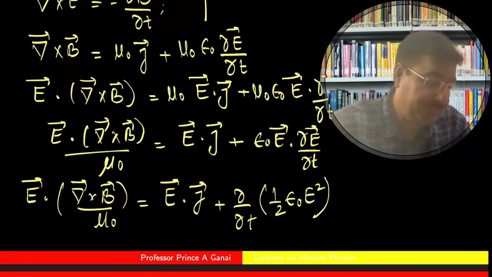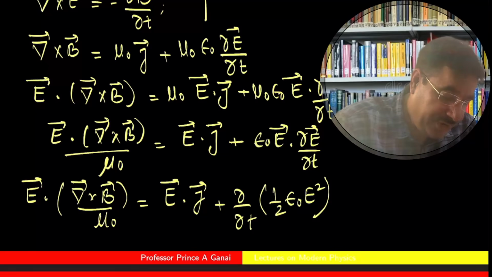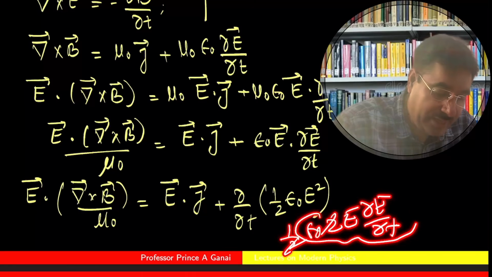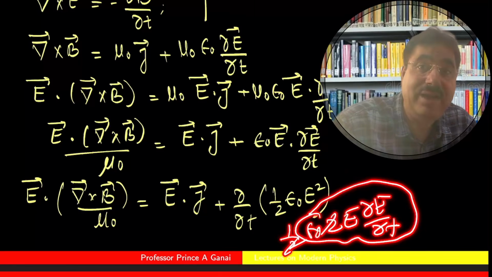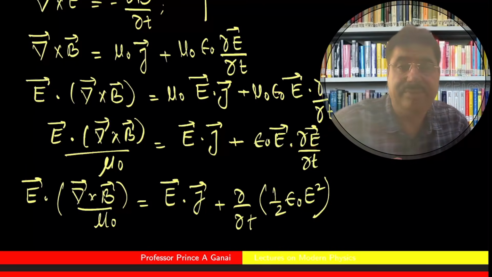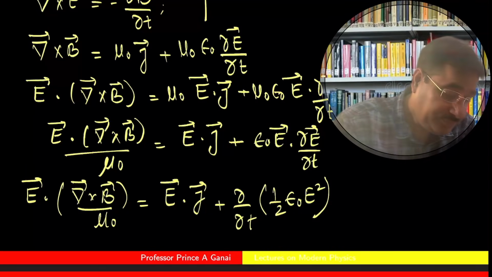Now look here, this is very interesting. If I differentiate this, what do I get? I get 1 by 2 as it is, epsilon naught, 2 times E del E by del T. This 2 and 2 will cancel, so I get epsilon naught E del E by del T. That's this term, because E dot E are in the same direction, so there's no problem.